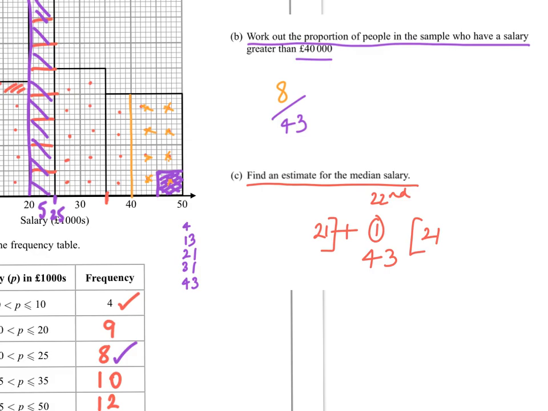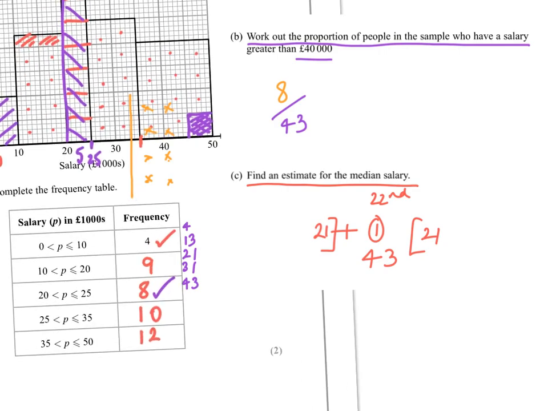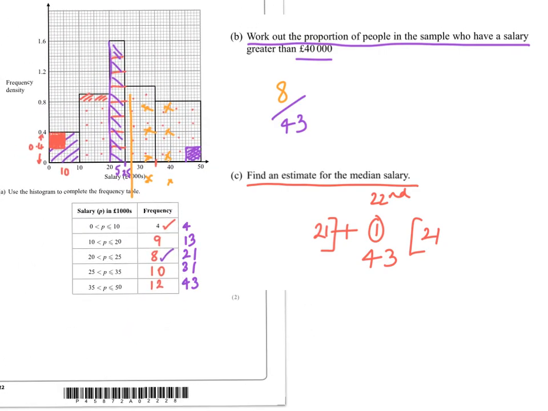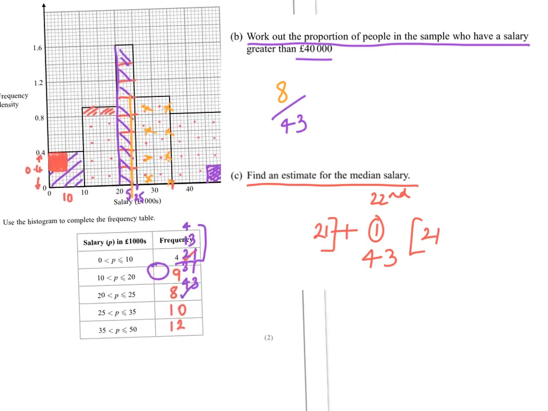So all we've got to do is look in the table, which we have here, where I already did the numbers, so I'll just line those up. By the time we got to here, we'd done the 21st. So the 22nd will be the first person in the histogram here.